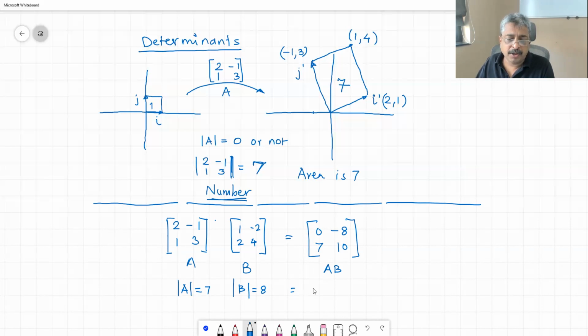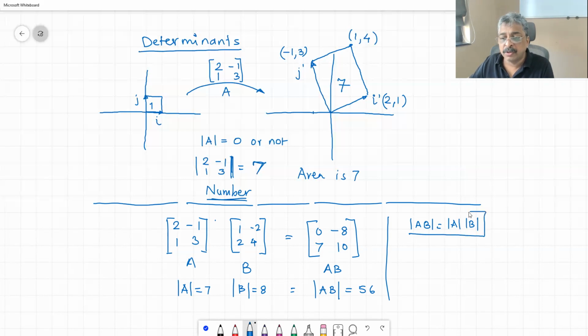And the determinant of AB happens to be 0 into 0 minus 56. So I'm not proving, I am just observing. The determinant of AB is equal to the determinant of A into the determinant of B.